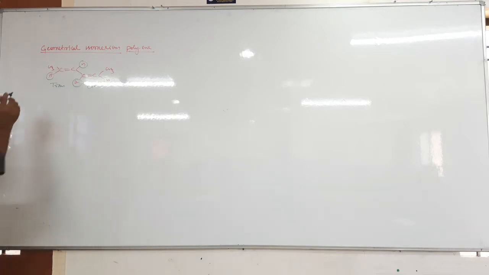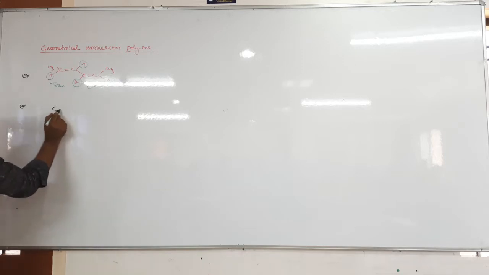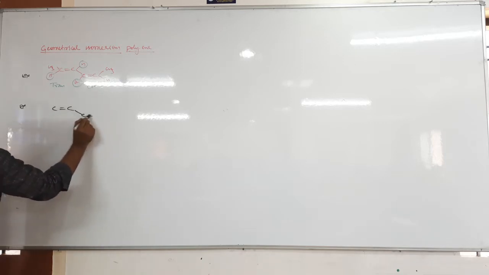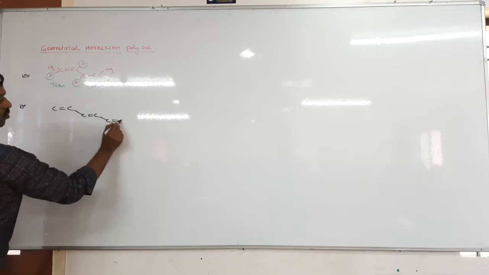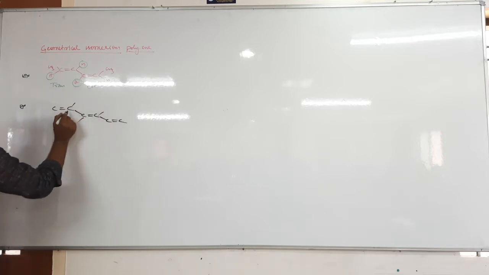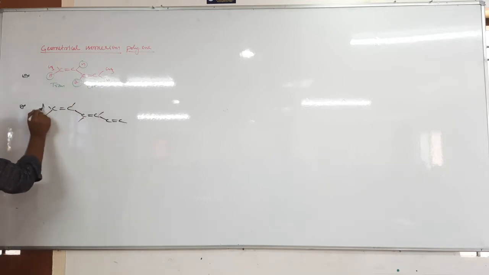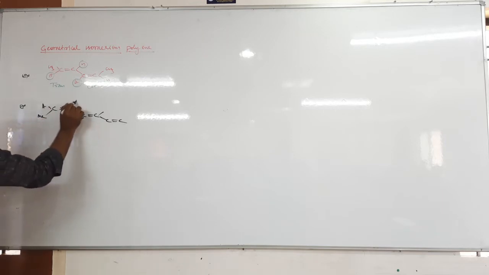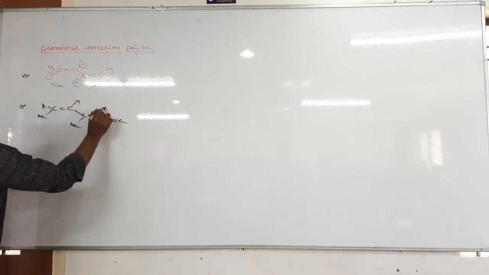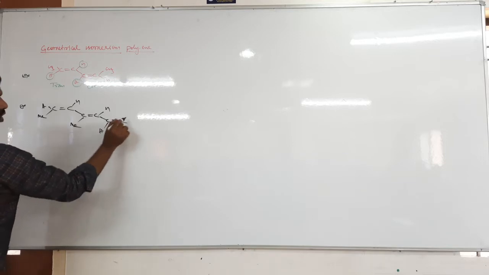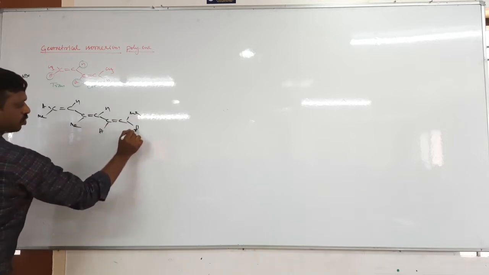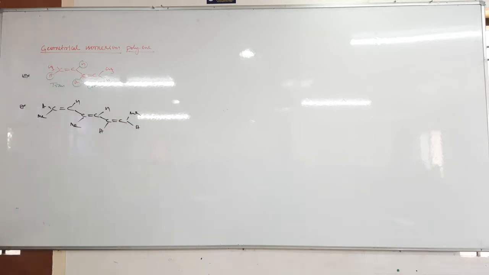Hydrogen, methyl, hydrogen, methyl, hydrogen, here hydrogen, here methyl, hydrogen. So it can also exhibit geometrical isomerism.